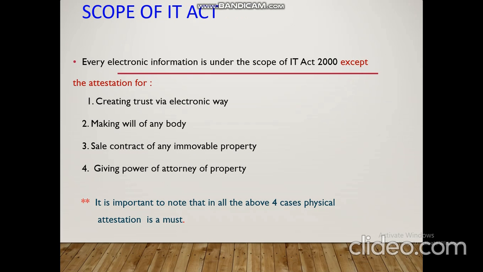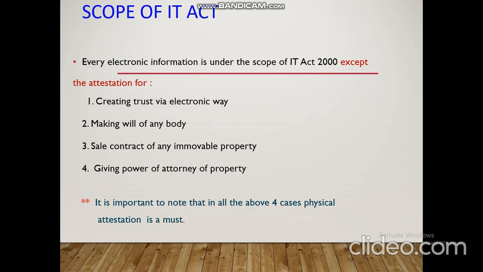So what are the scopes of the IT Act? The IT Act attempts to address the following issues. It provides legal recognition for electronic documents, digital signatures, offences and contraventions, and justice dispensation systems for cyber crimes. As per section 1(4), the provisions of this act shall not apply for the following documents or transactions.